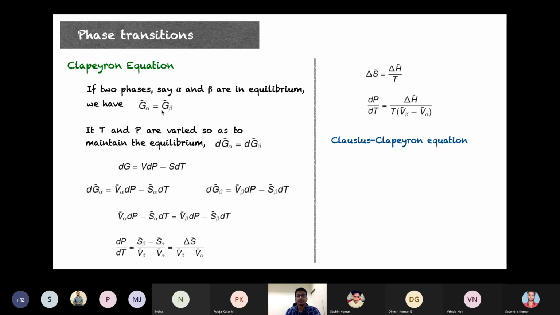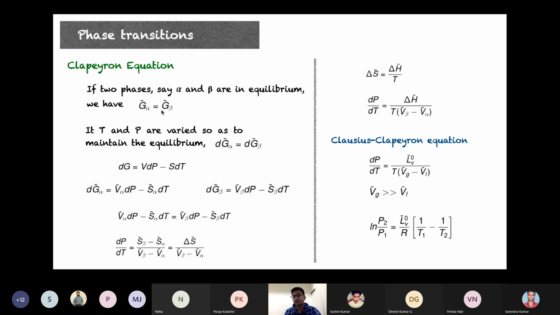And then Clausius took a special case where he wanted to study the liquid-vapor transition, and he wrote down the equations in a different form. Here the enthalpy is the latent heat of vaporization, and since for the liquid-vapor transition the volume of the gas is much higher than the liquid, you can approximate the denominator: dp by dt is equal to L_V divided by T and V_g.